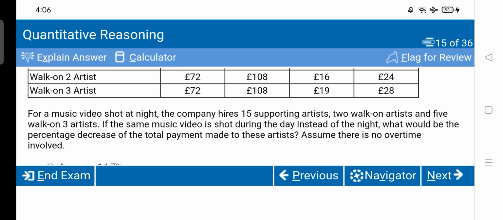If the same music video is shot during the day instead of the night, what would be the percentage decrease of the total payment made to these artists? Assume there is no overtime involved.